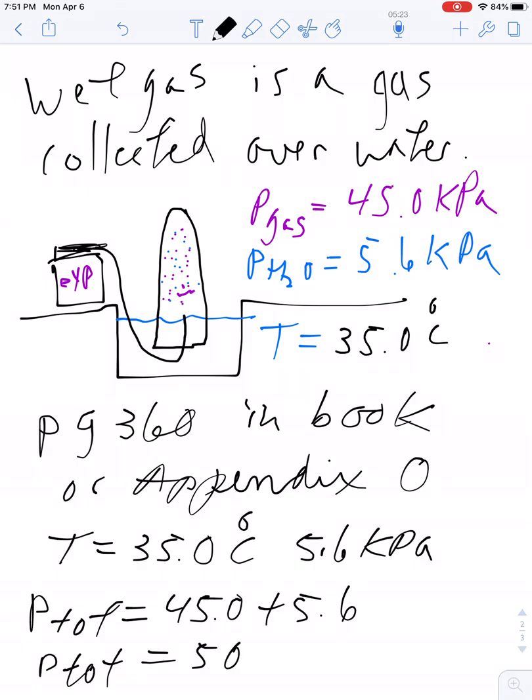So the total pressure is 50.6 kPa. Now, very often we want to know the volume of the gas, okay? So I want to know how much volume my gas takes up, okay? So I'm just going to draw this picture bigger on the next page.